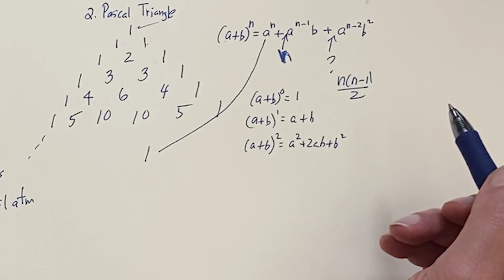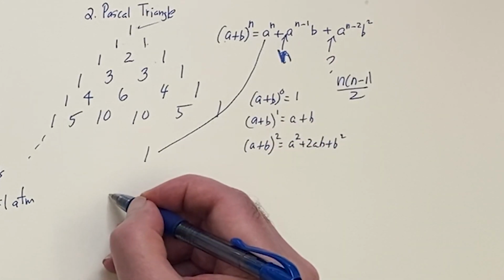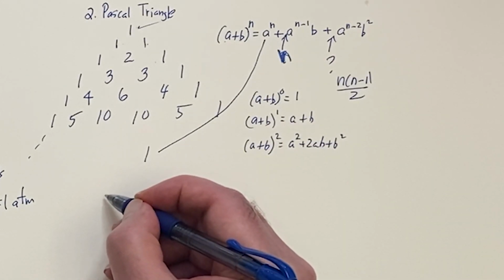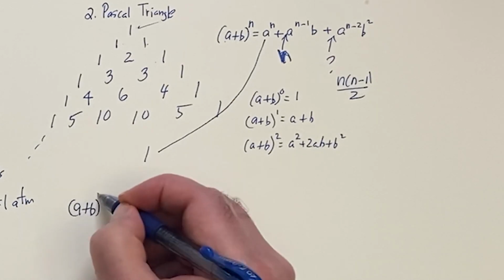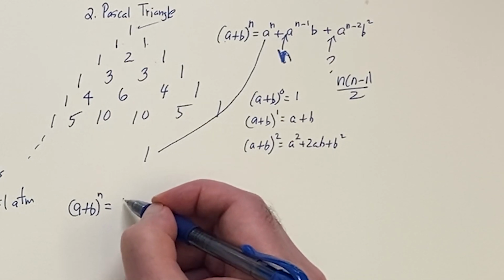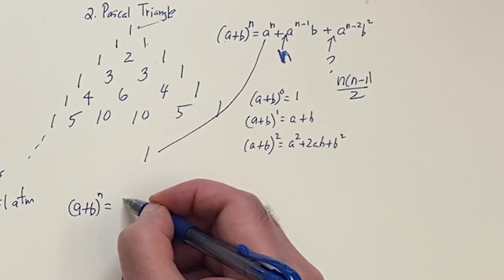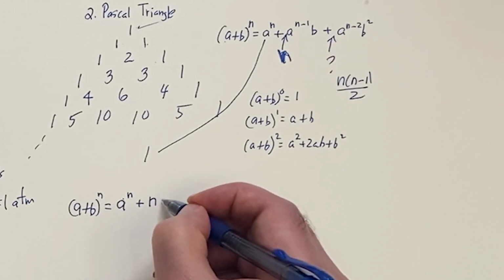It's very, very neat. And the formula I like to remember, the general case, is very, very easy to think about, because what you basically do when you do this a plus b to the n is you start out with the 1, then the next one is n.